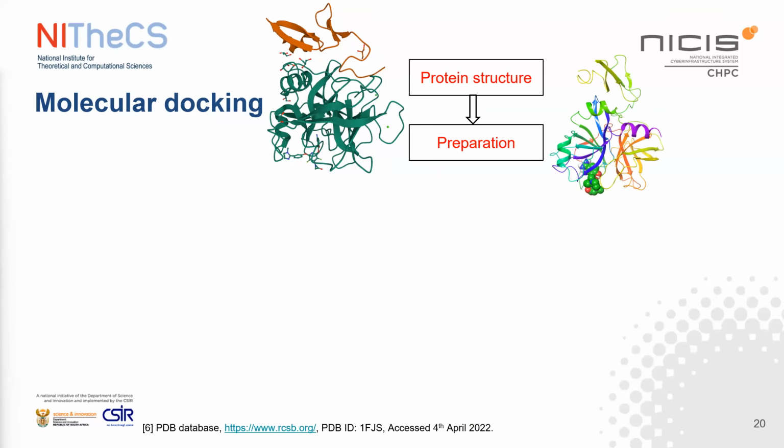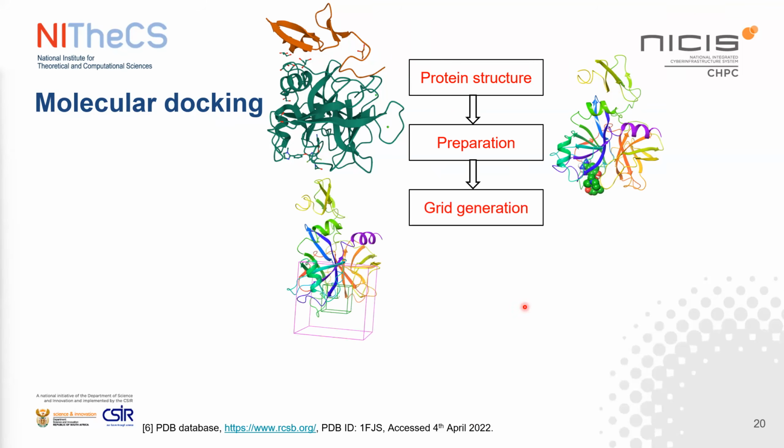Then after you get the structure, you obviously have to prepare it. Once it's prepared, you'll notice that this structure actually has a ligand bound to the active site already. So I already know where the active site is. When I prepare it, I remove the ligand and generate what's called a grid around that region, which is considered active.